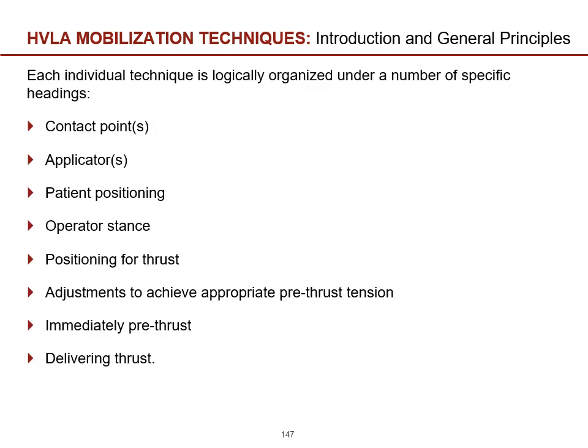Okay, so there are several ways that these techniques can be laid out and described. For clarity of the logic that is used within the manual provided, each individual technique is logically organized under a number of specific headings: contact points, applicators, patient positioning, operator stance, the positioning for the thrust, adjustments to achieve appropriate pre-thrust tension, immediately pre-thrust, and then the actual delivery of the thrust.